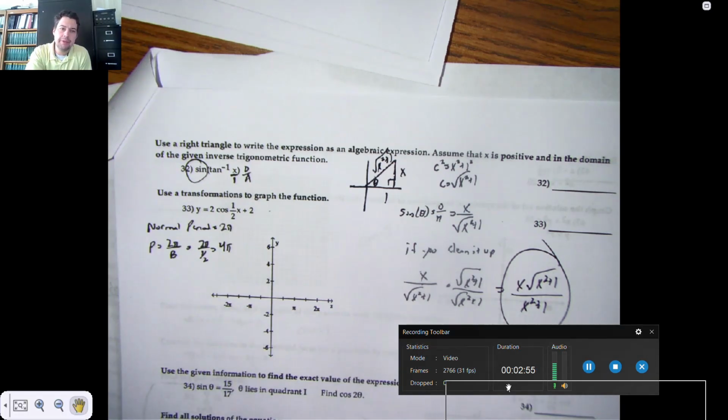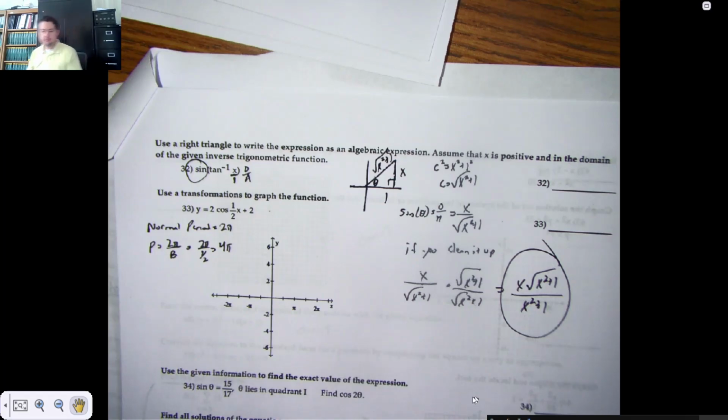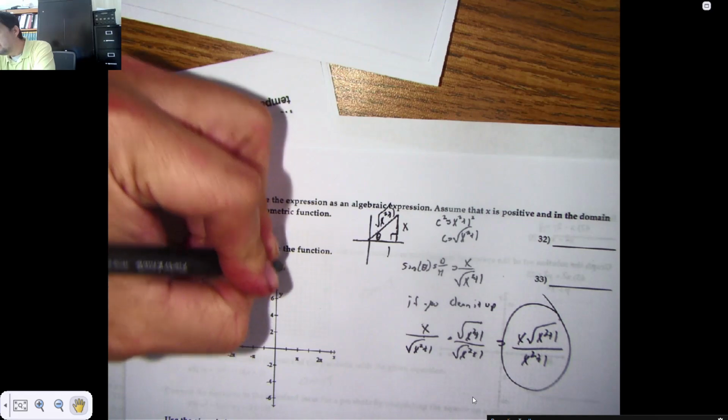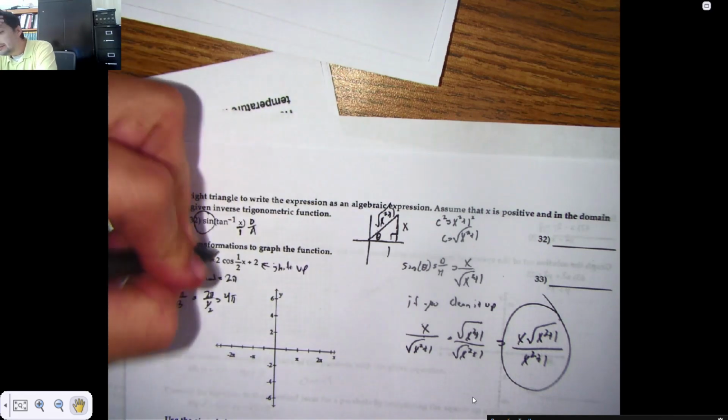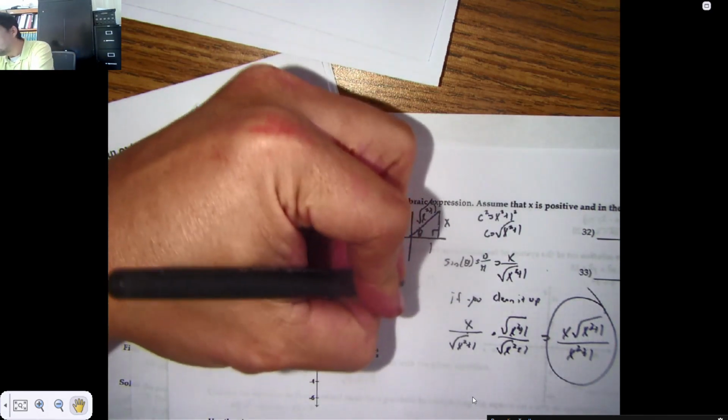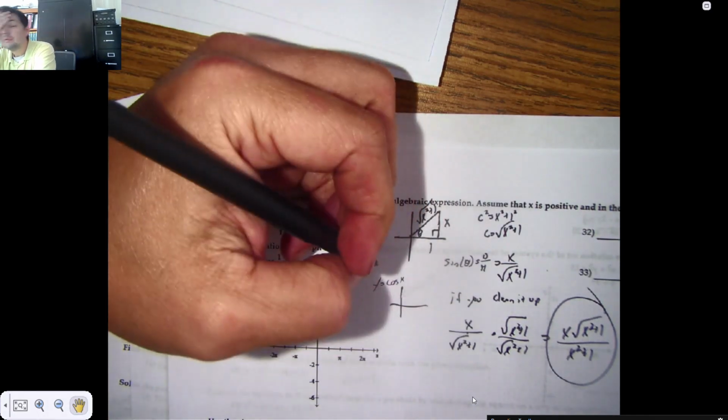Oh yeah, I found our new period. This is your shift up. And this is your amplitude. Now, when you think about y equals cosine of x with no modification, cosine of 0 is 1.